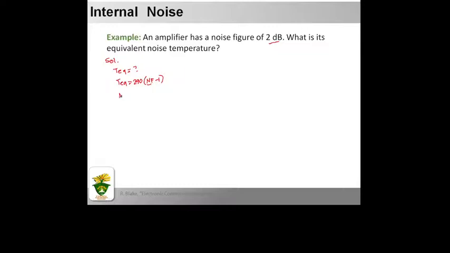The noise figure in dB is equal to 10 log of the noise figure in ratio. So finding the noise figure in ratio, we have the anti-log of NF in dB over 10.